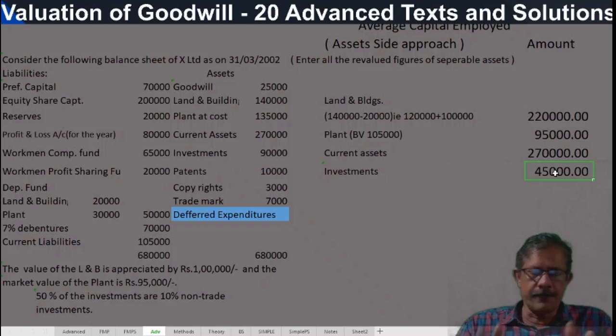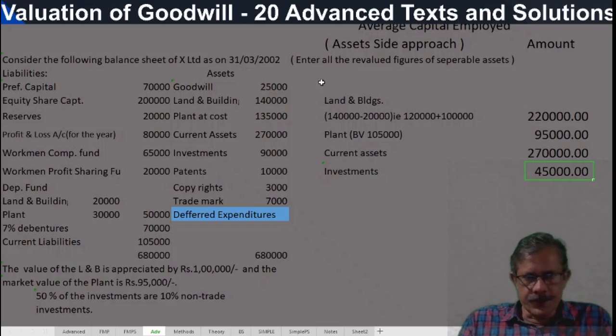We must be very careful while reading questions. So many hidden pieces of information will be there. So while calculating capital employed, only trade investments are considered. An example of a trade investment is depreciation fund investment or investments for the replacement of fixed assets. It may be trade investments.